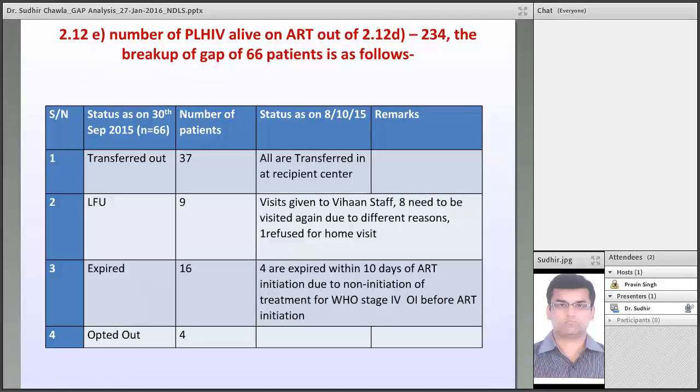It may be possible for these 4 patients. So we have to understand that the doctors were untrained, and we have to train them properly to identify IRIS and prevent such deaths in future. And again we have to reinforce that Vihan should do repeat visits of those who are not available, or those who agreed to come but did not turn up.